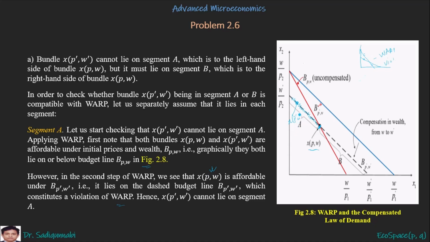If the point is here, which is under the red line, and this point is on both the red line and the dashed line, then we can say that this violates WARP.